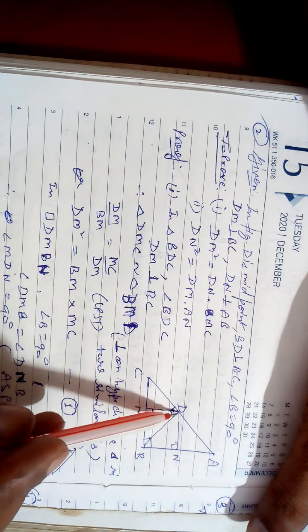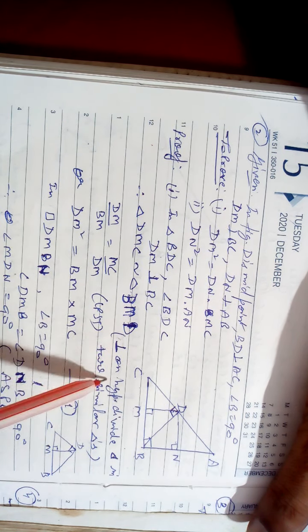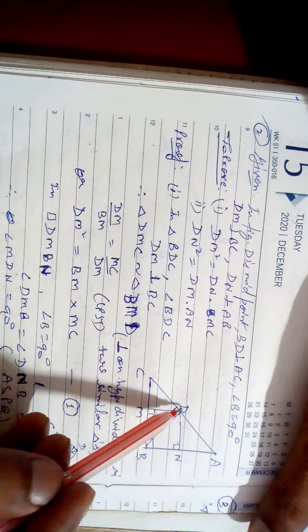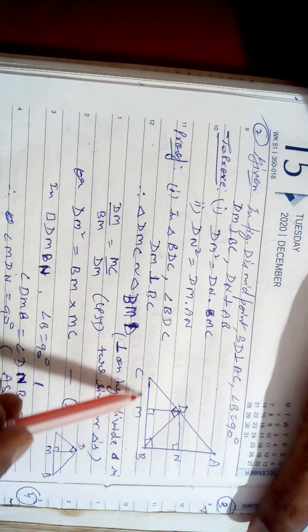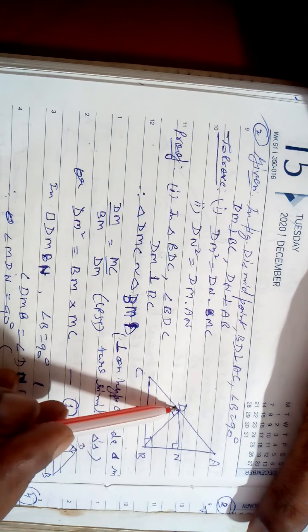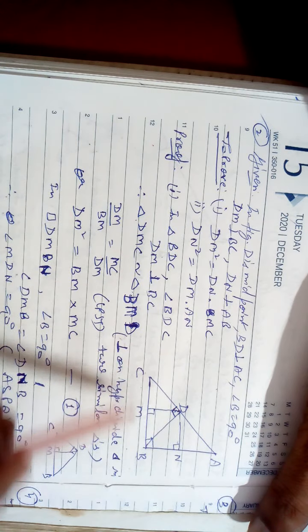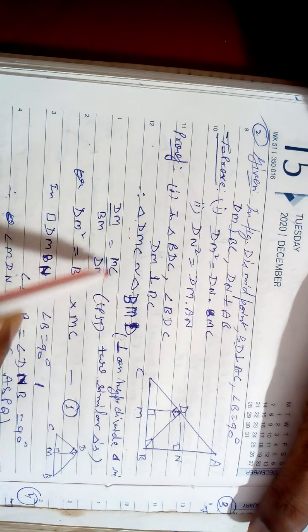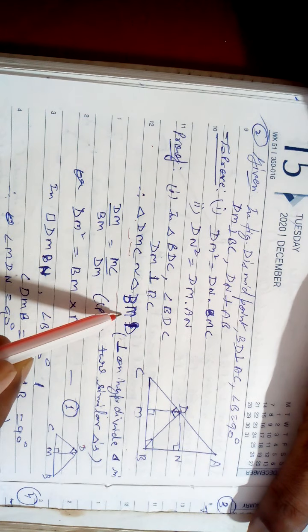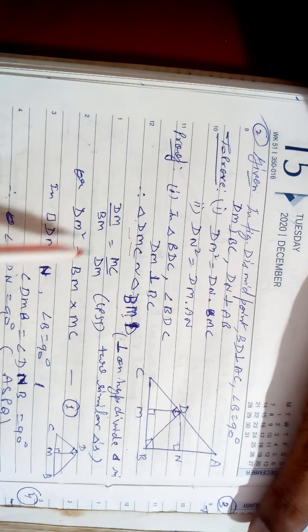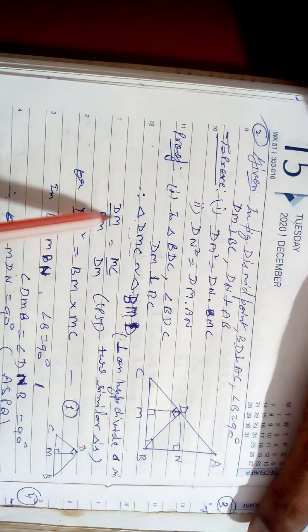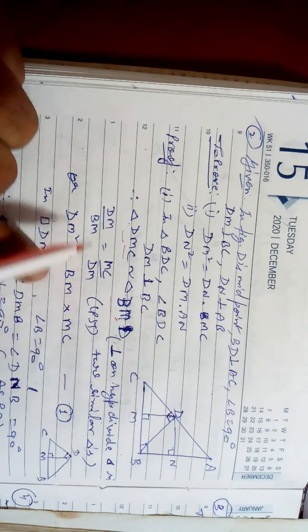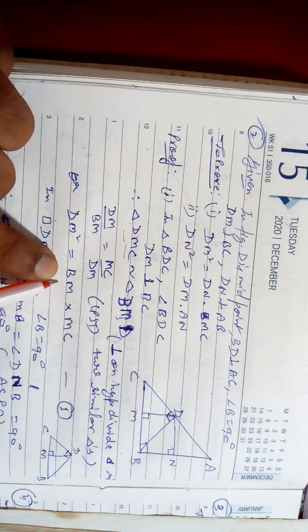So triangle DMC is similar to triangle BMD. By CPST, DM upon BM is equal to MC upon MD. Cross multiply: DM into DM, what will you get? DM square is equal to BM multiplied by MC.